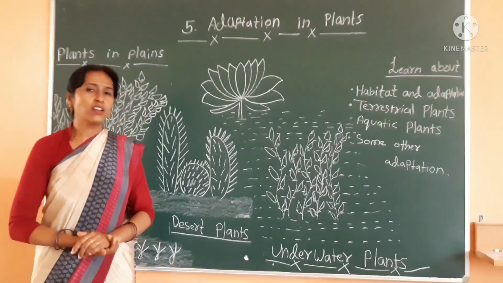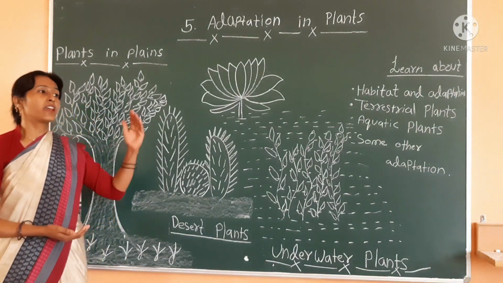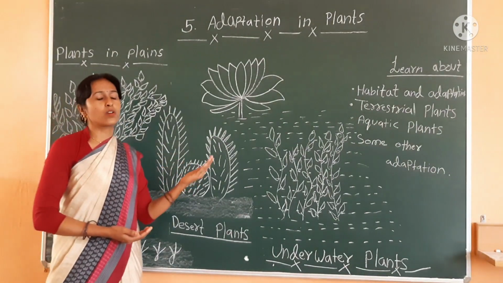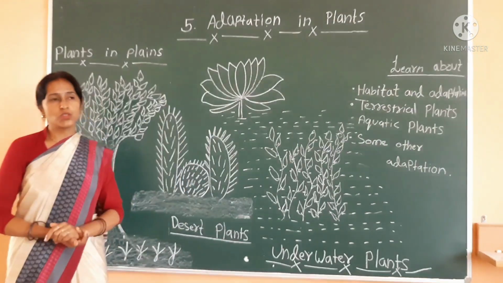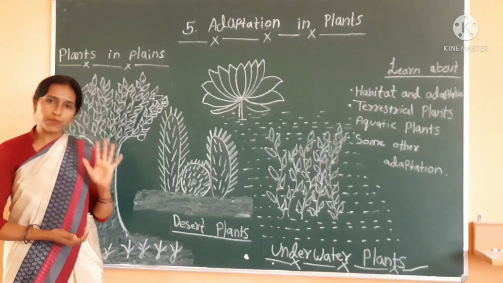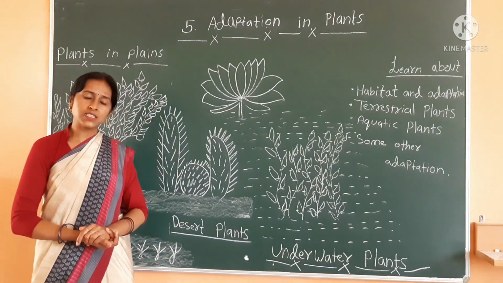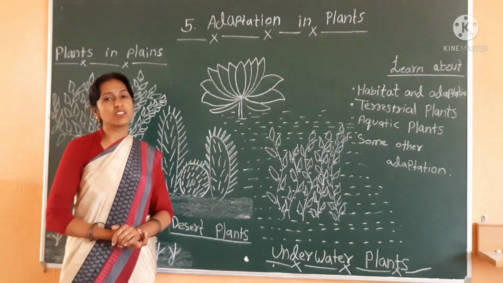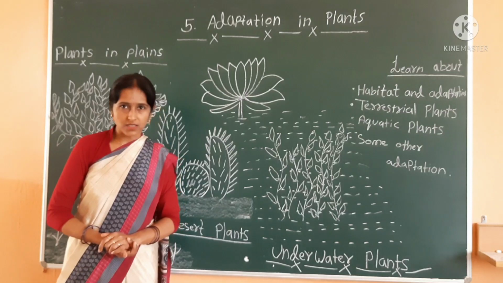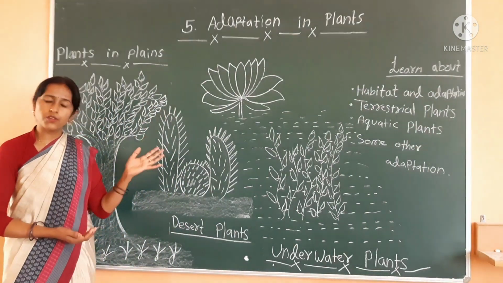Some like coconut are found in coastal areas. So plants in coastal areas, and some are grown in swamps. So plants in swamps. In this way, there are 5 categories: plants in plains, plants on mountains, plants in desert, plants in swamps, and plants in coastal areas. These 5 categories we are mainly reading in this chapter.